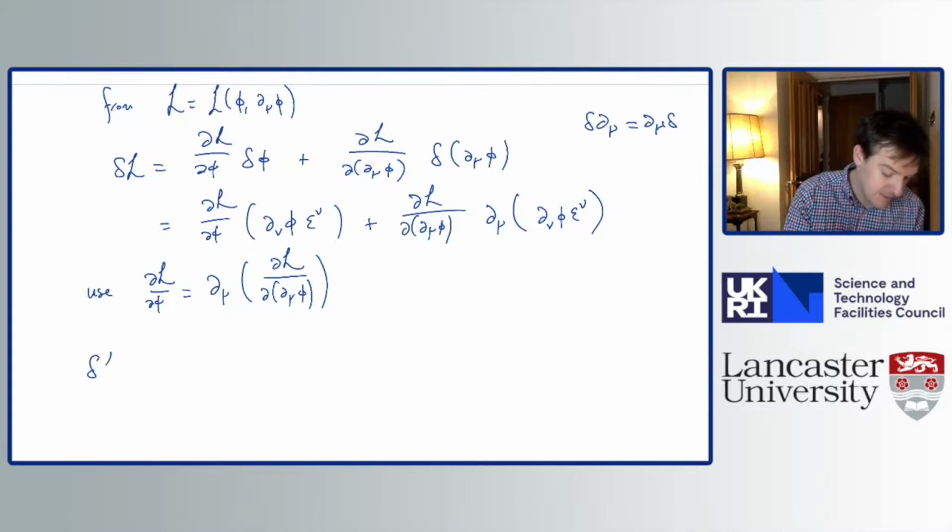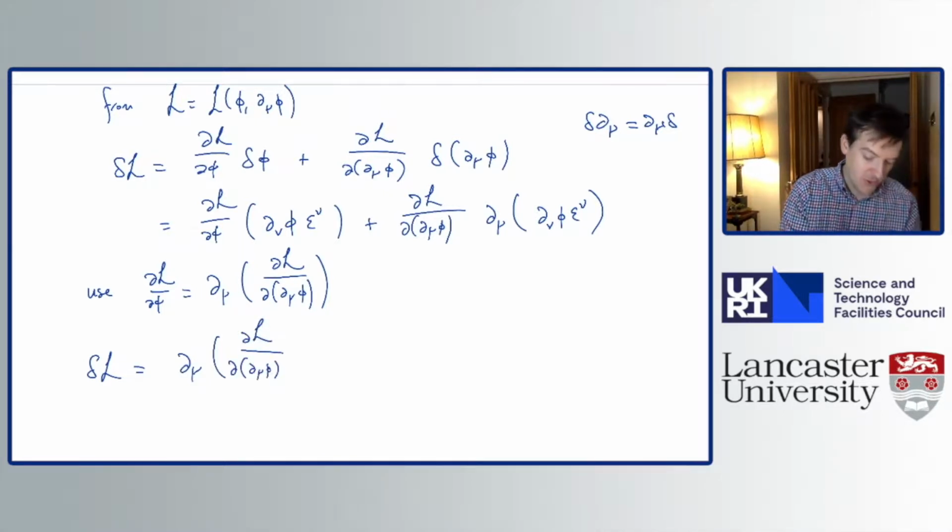Okay, so we end up with delta L, dL d phi. No, it isn't. I'm substituting in for dL d phi. So it's d mu, using the Euler-Lagrange equation. I get this expression times the bit that was left over. Oops, and it should be a nu index.